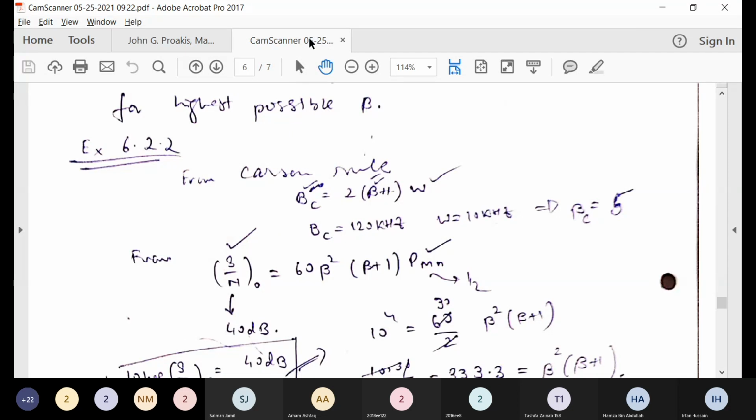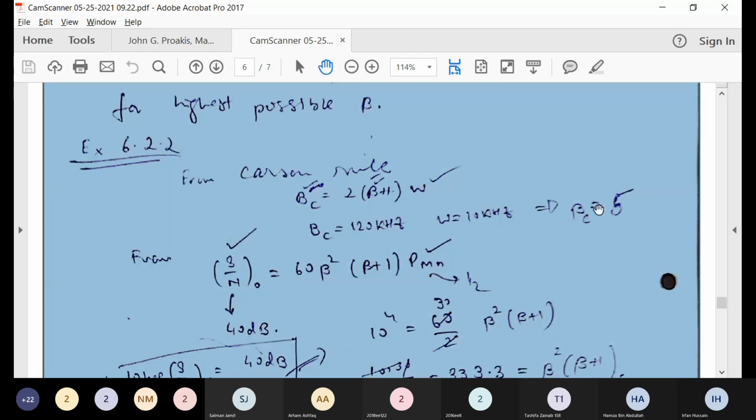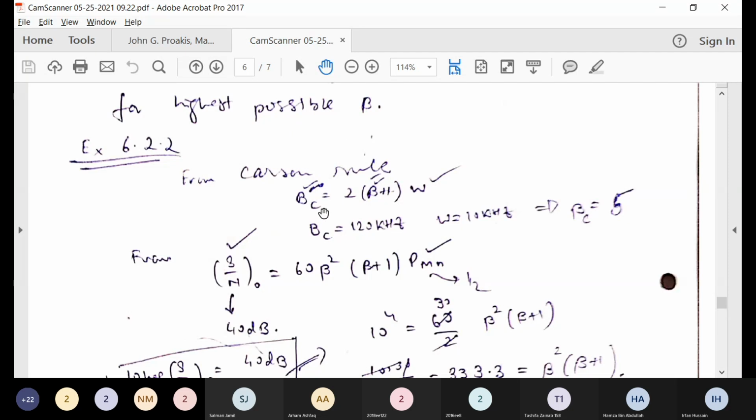Here you can see that our beta is being constrained by available BC and W. You cannot increase your beta greater than 5 even from the Carson's rule, because if you increase your beta, the required bandwidth will increase. If you increase your beta with respect to 10 kilohertz, it will become greater than 120 kilohertz, which is given, which you cannot do.